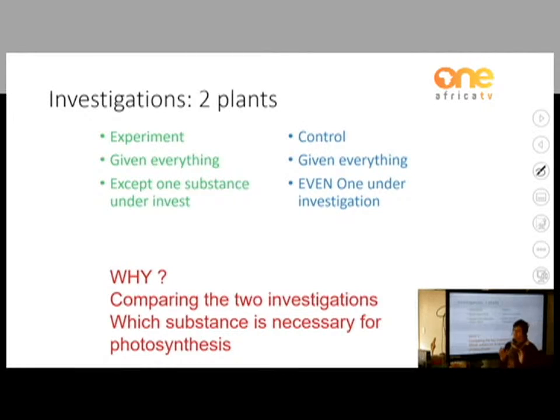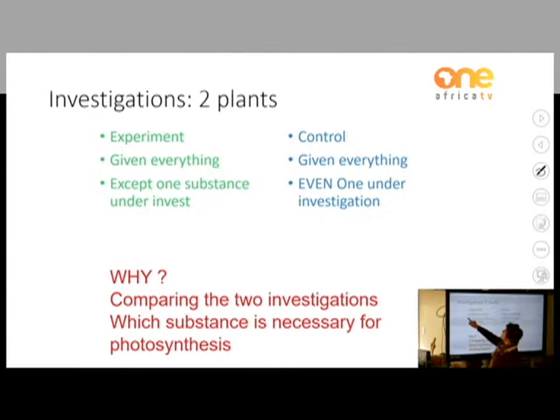So, we said, for investigations to take place, we will need 2 groups. We can only take 2 plants, but that is a bit risky. The more examples that I have in an investigation, and I can work with an average, the more accurate my results will be. But I will have 2 plants.